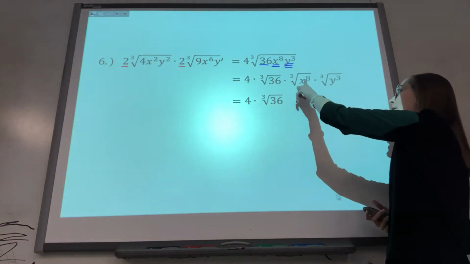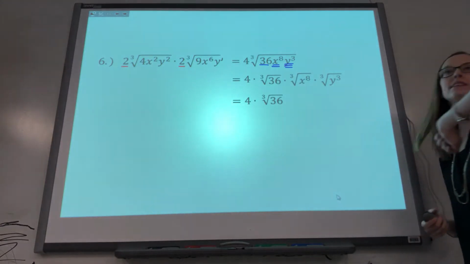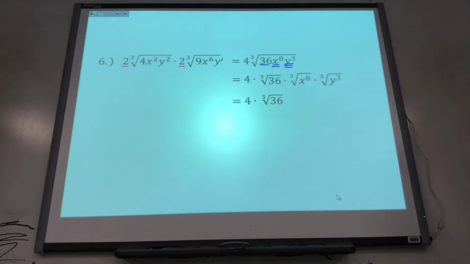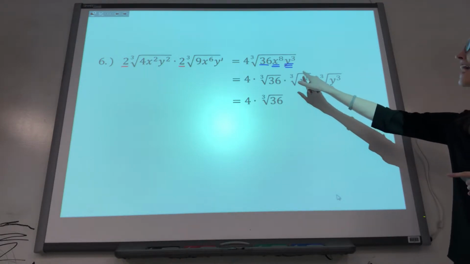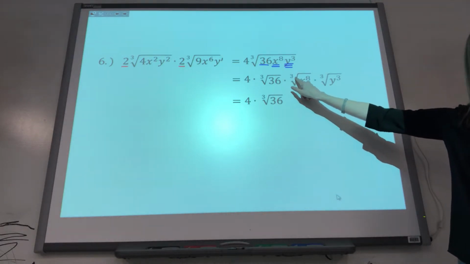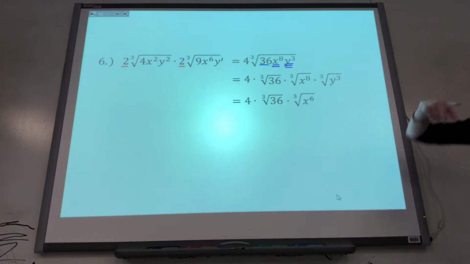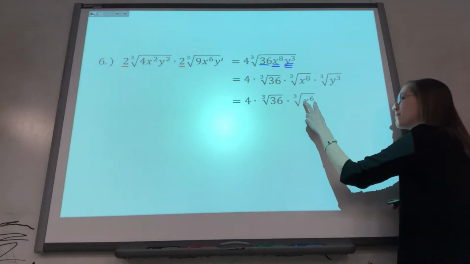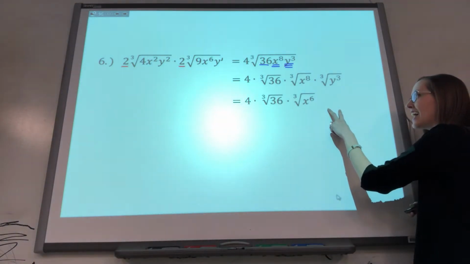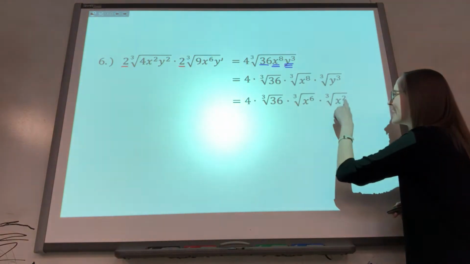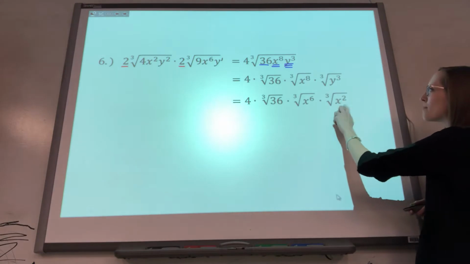Now, next part, 8 can't be divided by 3, but what is the next biggest number less than 8 that can be divided by 3? 6. So what am I going to have to put under the cube root right after that? X squared, yes, x to the 2nd power.